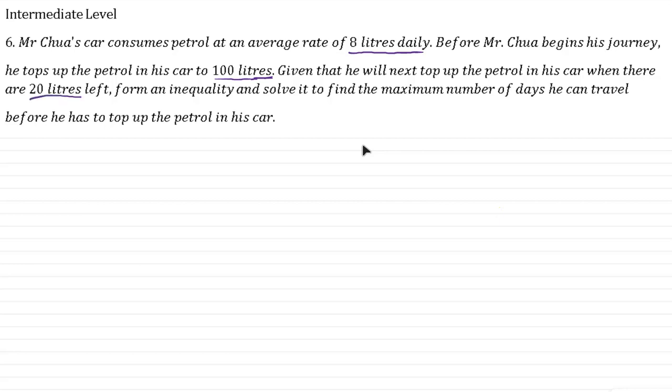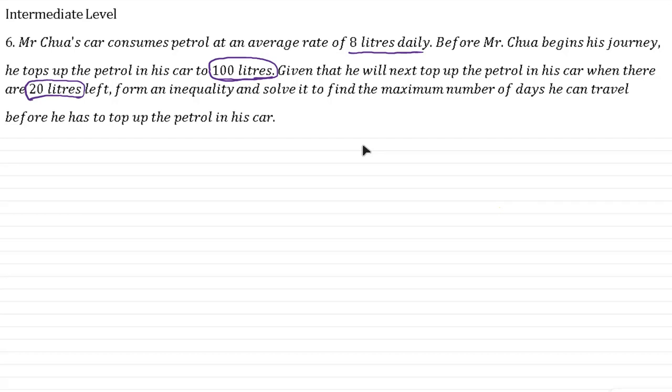It means we have to find in how many days he will consume 80 liters, because there are total 100 liters and there must be left only 20 liters. So he has to consume 80 liters to next top up the petrol in his car.